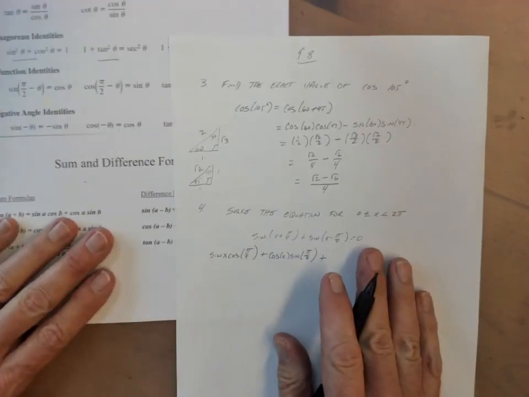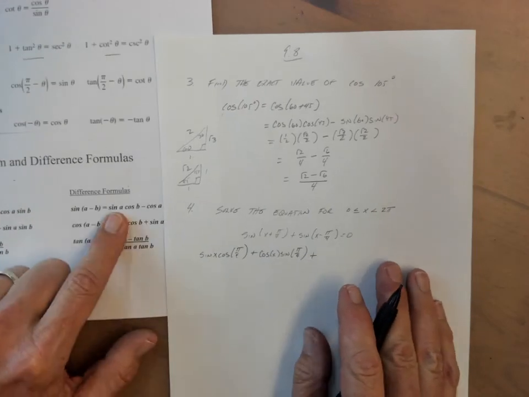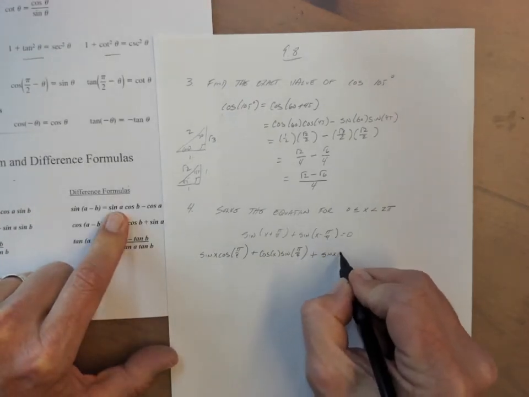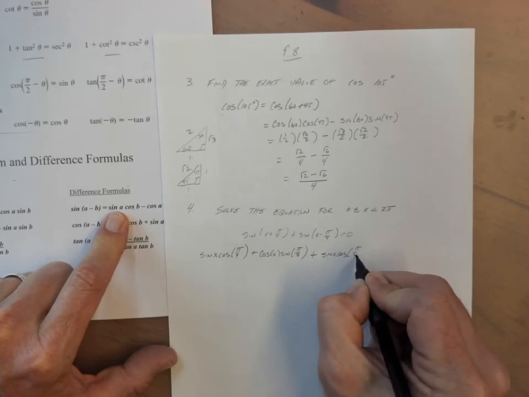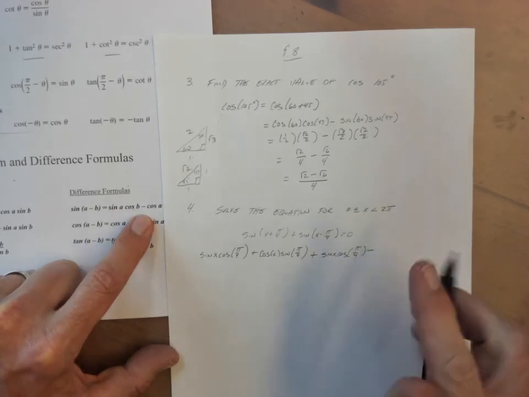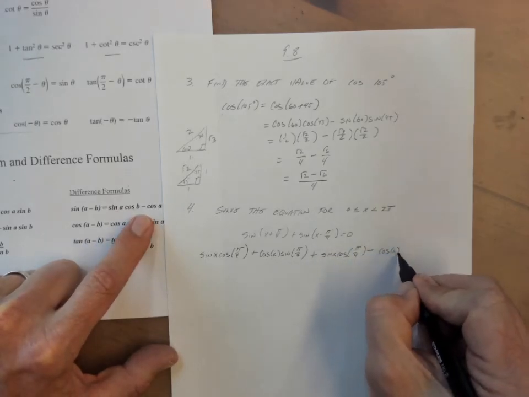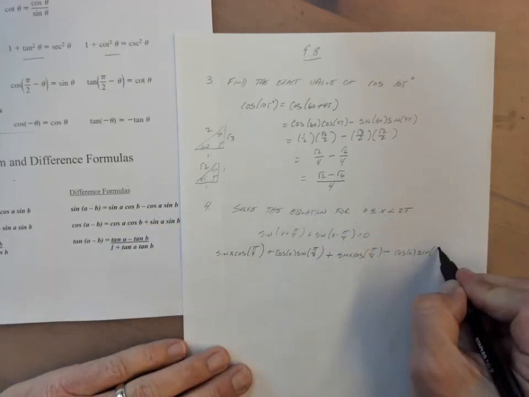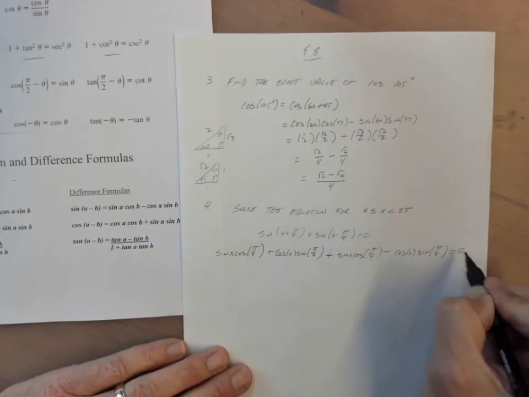Now we're going to do the sine difference, which is over here. So we would have sine x cosine pi over 4 minus cosine x sine pi over 4 equals 0.